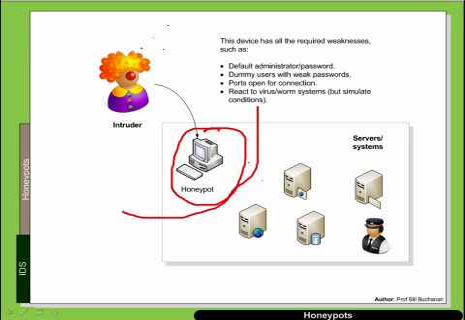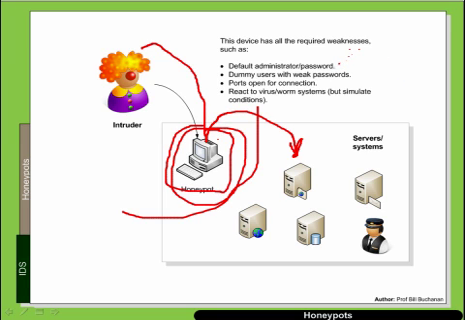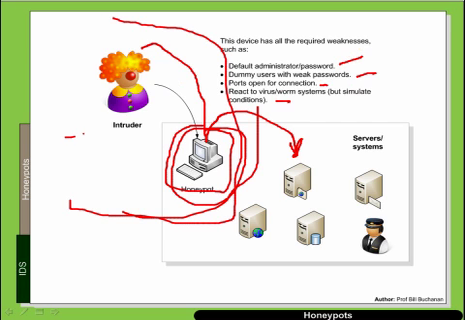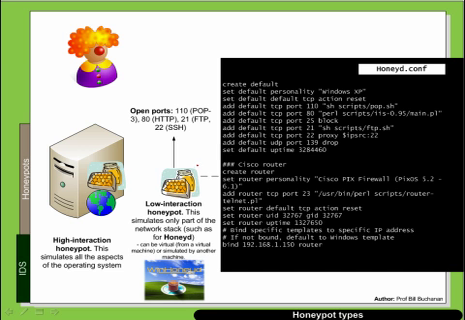With this, they might stop an intruder from going directly to a production machine, and the intruder will thus get stuck with the honeypot. So it might have default passwords on it, dummy users, lots of ports open, or it could react to a worm or a virus or some form of scripting and entice a threat in.